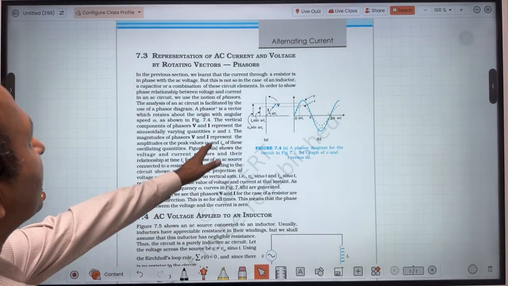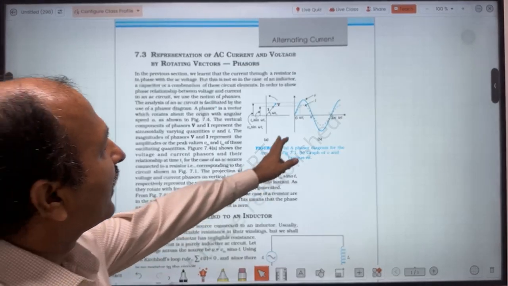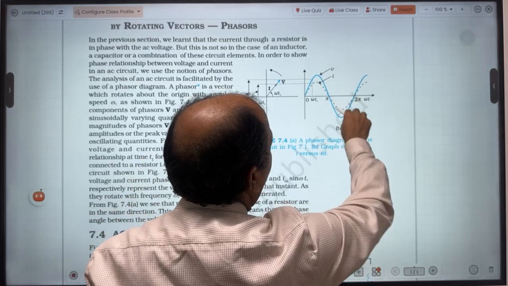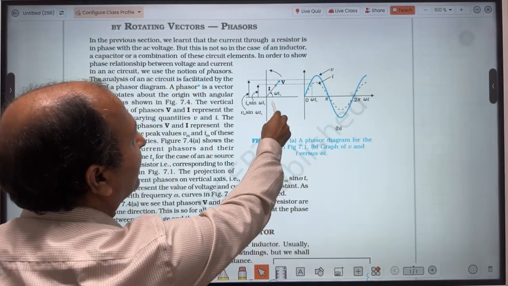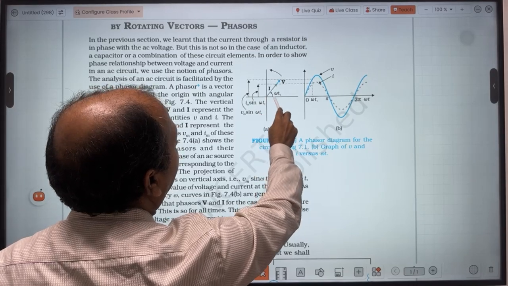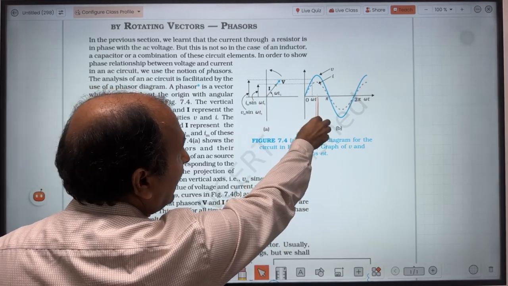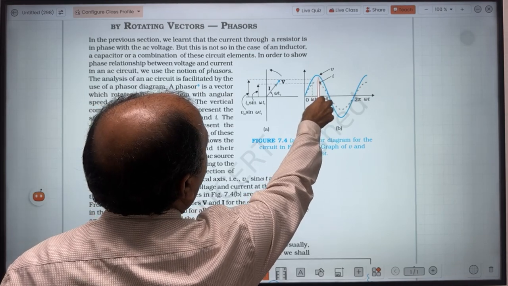Now here the same thing is represented by a phasor diagram. We have already seen this diagram: this is voltage, this is current. Now, if we write in terms of the angle, this angle is omega t. As you observe, the peak value of current is less than the peak voltage.